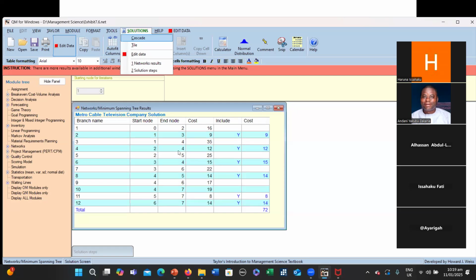We'll include 2 4, 3 4, and so on and so forth. And the total length will be 72,000 feet. Okay, so that is how you solve problems of this nature.